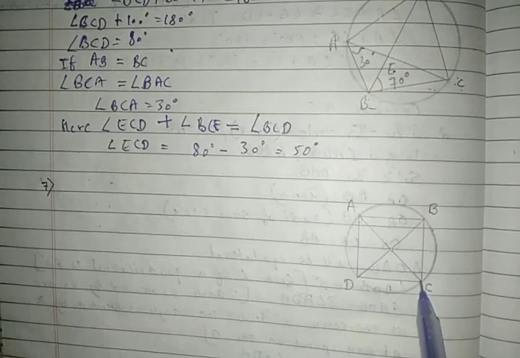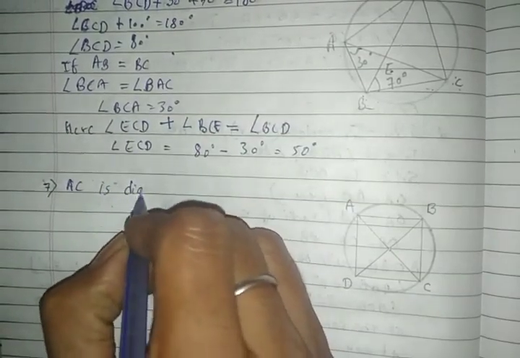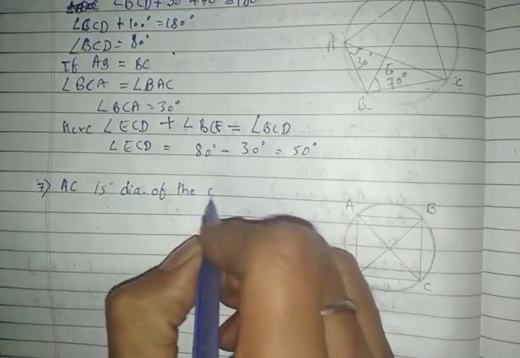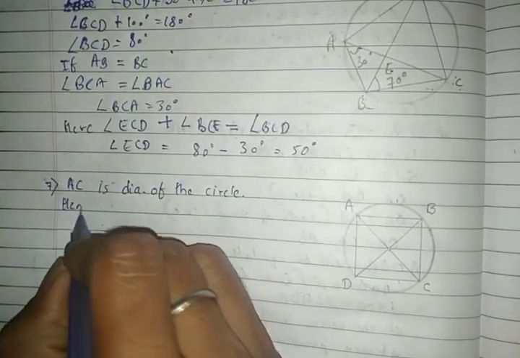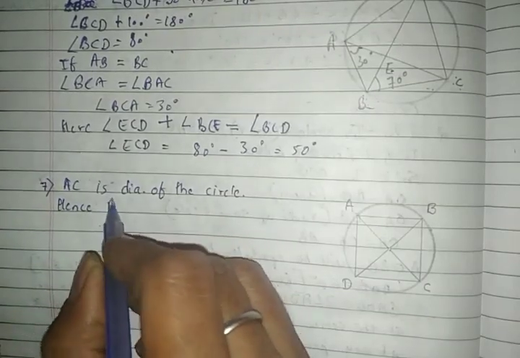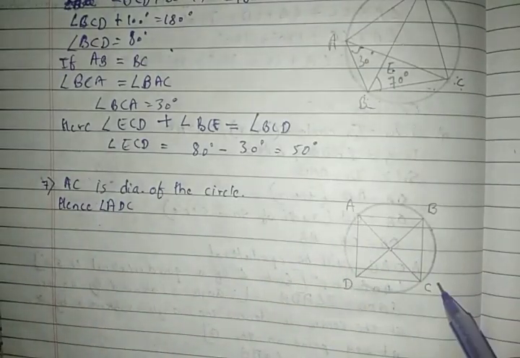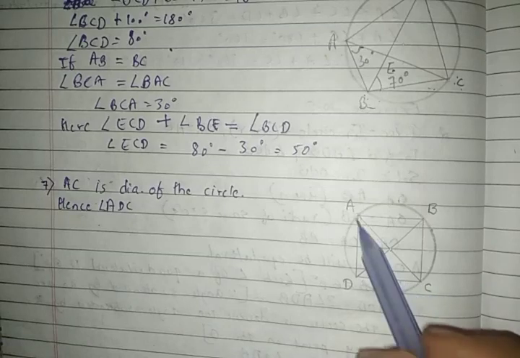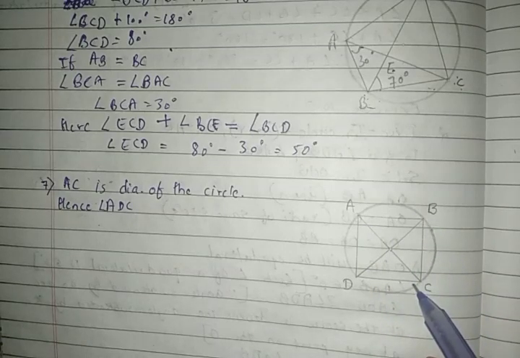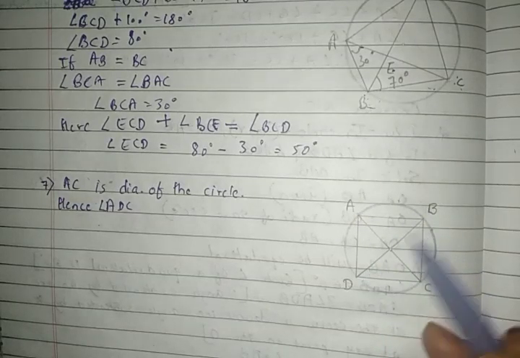Now AC, you know, it is the diameter of the circle. So we will write it down. AC is diameter of the circle. Hence, angle ADC will be equal to 90 degrees, and angle ABC will also be equal to 90 degrees, because this AC will divide the circle into two equal halves.